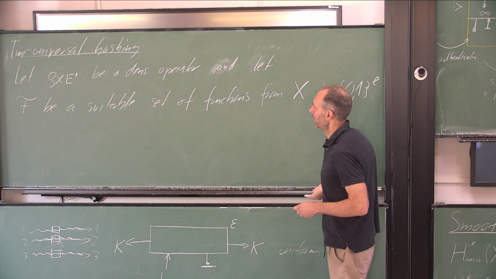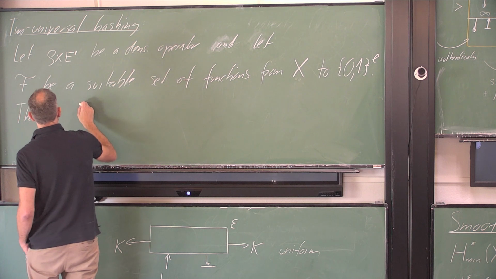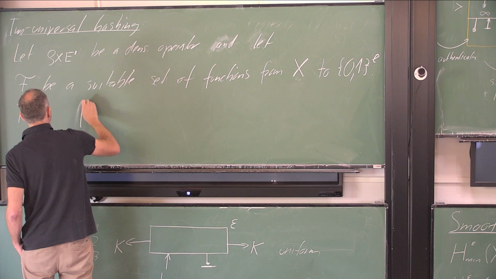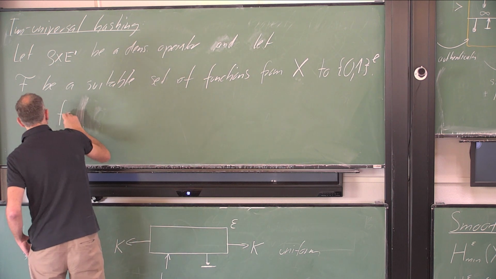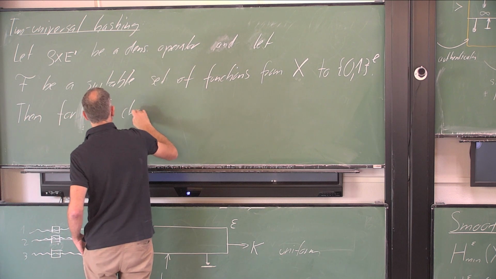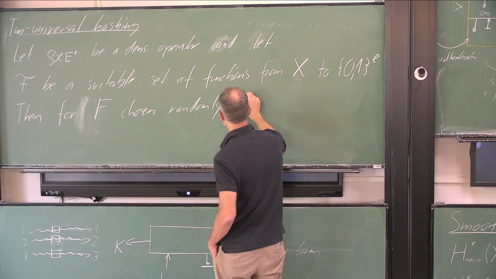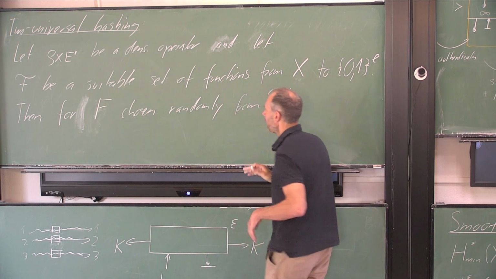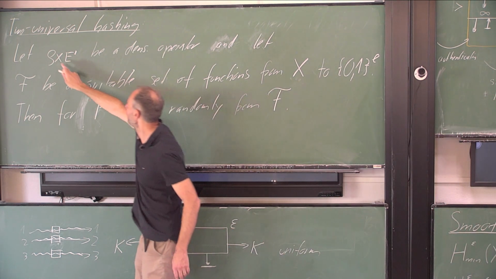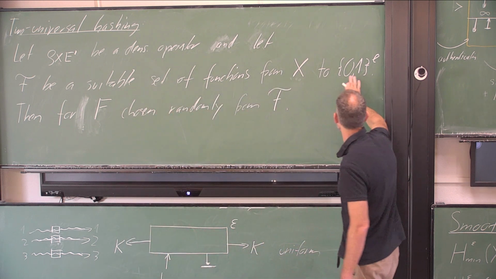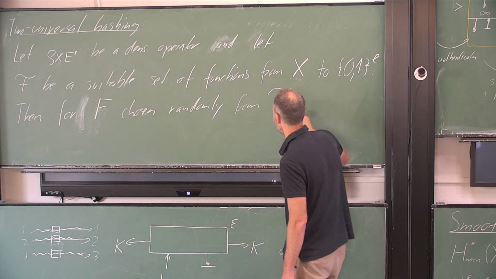Okay, let me write down the total thing, and you will see. Then the following holds, namely that if I look at the trace distance between, and now this is for f chosen randomly, so by randomly I also, for a moment, think of it as uniformly from calligraphic F. So I have a set of functions which take as input that value here and output some key, you should think of length L. And now I generate the key by just choosing a function at random from this class.